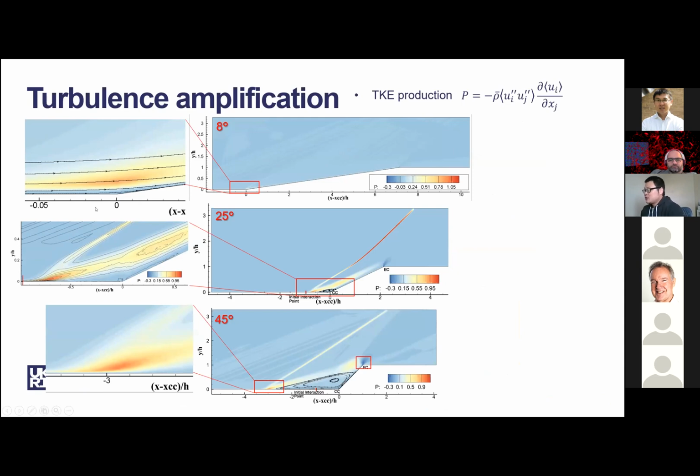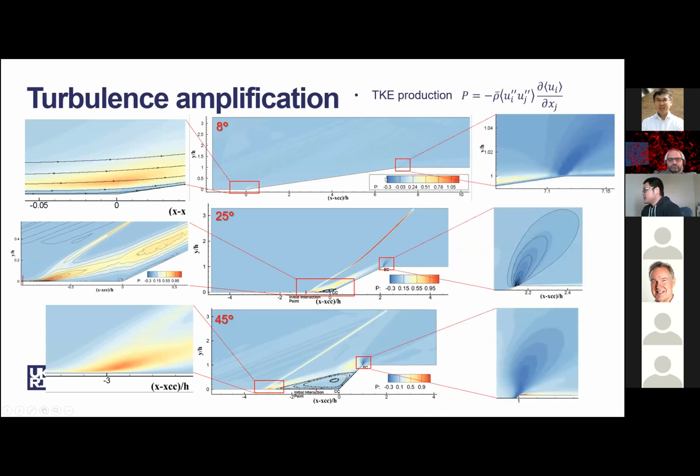So we have a larger TKE production in the compression corner area. Also in the expansion area, we have a very large negative TKE production, which means there's a reduction of turbulence energies.